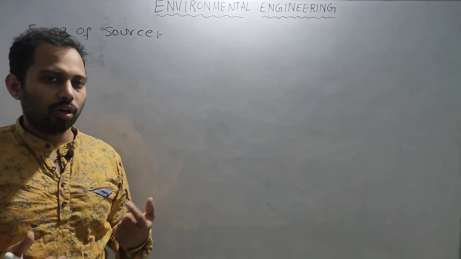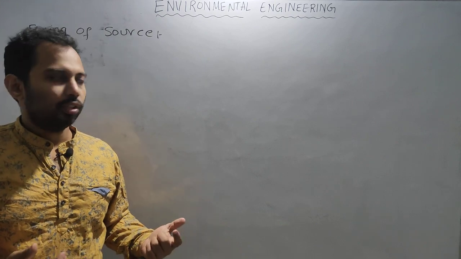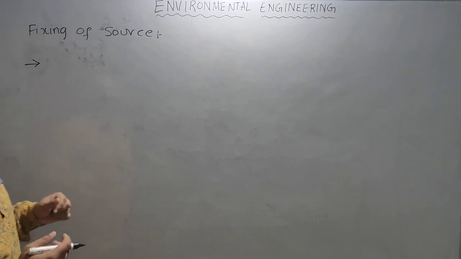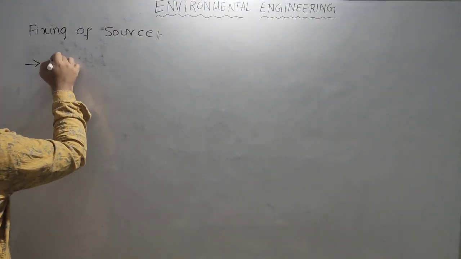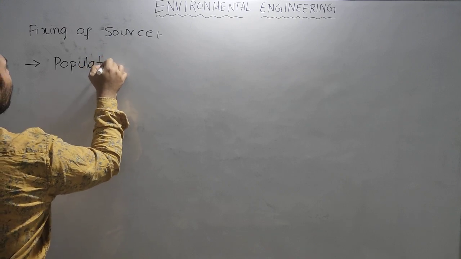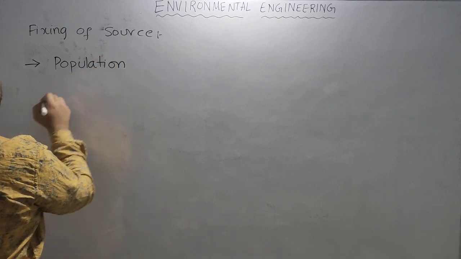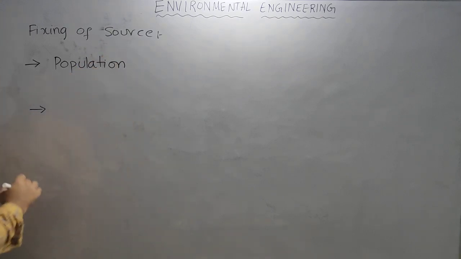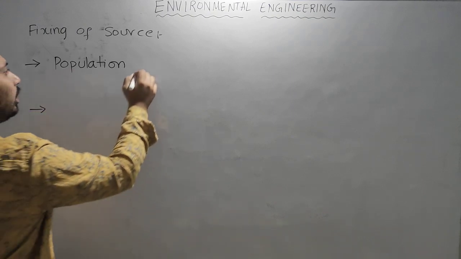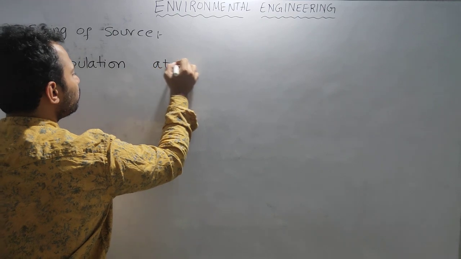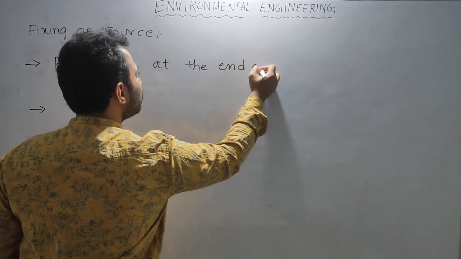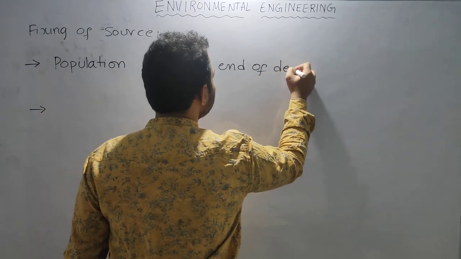Community means population. So we need to first find what the population is. And next, this population should be at the end of the design life.